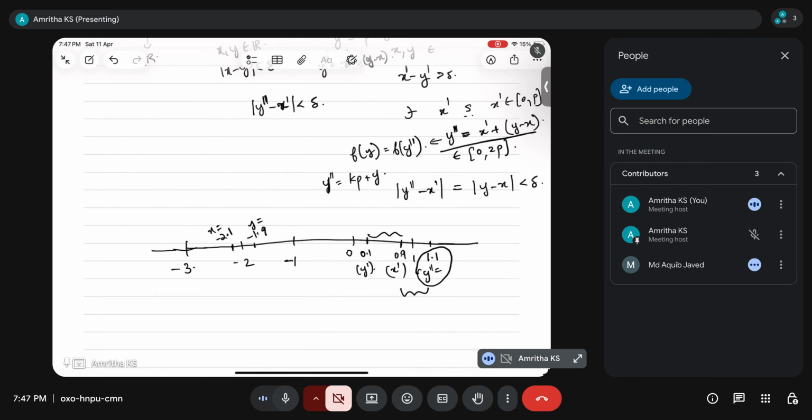Now, the thing is, you should take the delta corresponding to the uniform continuity on 0 to 2, not 0 to 1. Okay.